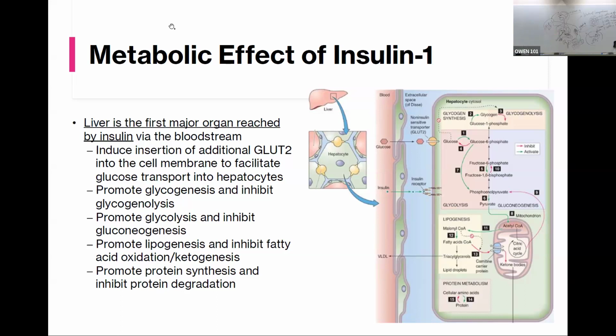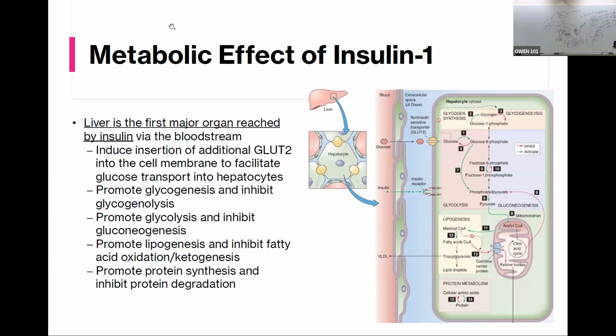glycogenolysis. So once sugar is coming, they will make a lot of glycogen in the liver, and inhibit glycogenolysis, basically inhibit the breakdown of glycogen. Then it promotes glycolysis, the processing of sugar to make ATP, and inhibits gluconeogenesis.